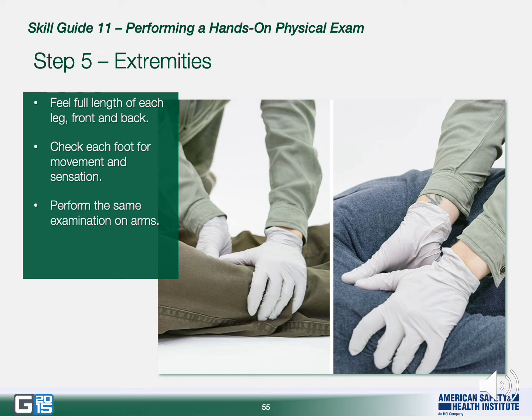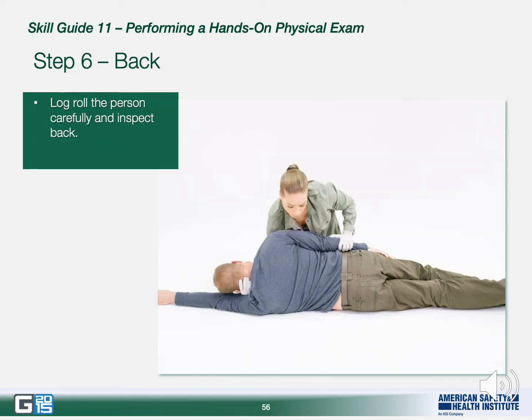Check each foot for movement and sensation. Perform the same examination on the arms. So then you're going to log roll the person carefully and inspect the back. So you're going to have to lift up the shirt to check the back, but you're looking for deformities, you're looking for blood, and you're only going to do this if you don't suspect a neck injury.